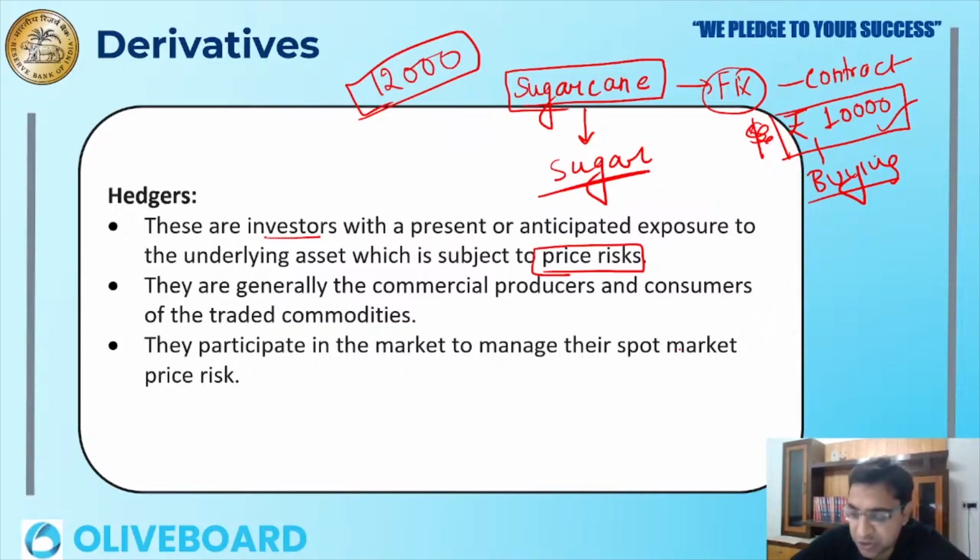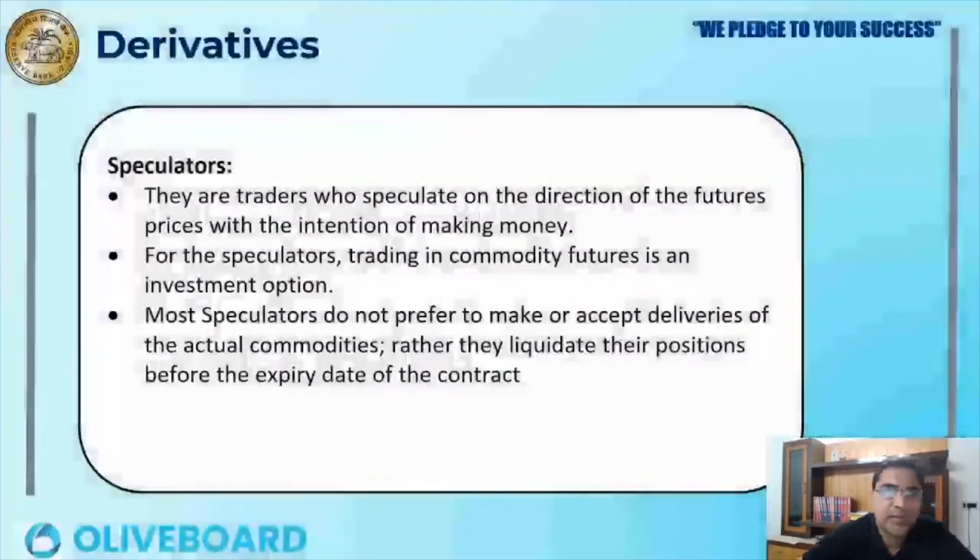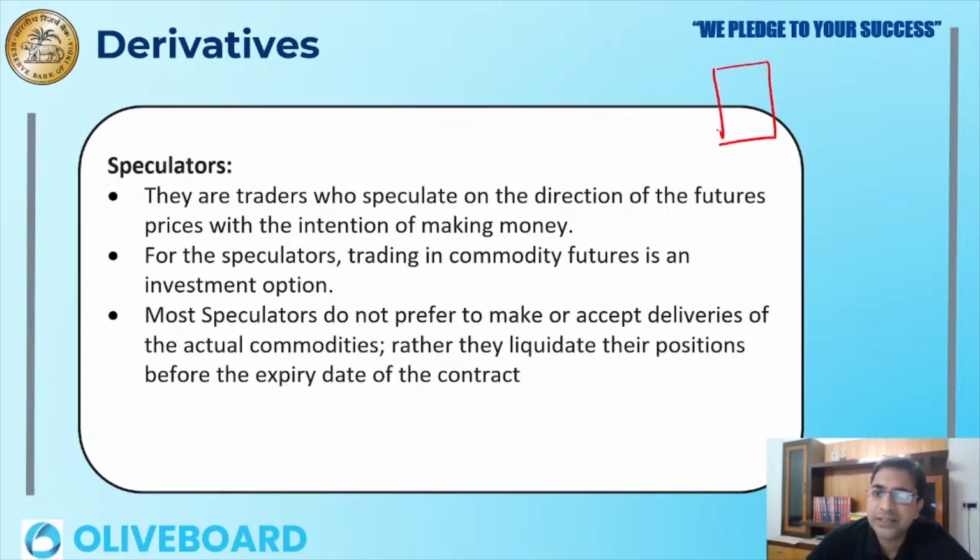These are the hedgers. Now the second people are speculators. Speculators are the people who think that the price of a certain commodity will increase in the future. They say that right now the value is 100, and tomorrow the price of this commodity will be around 150.